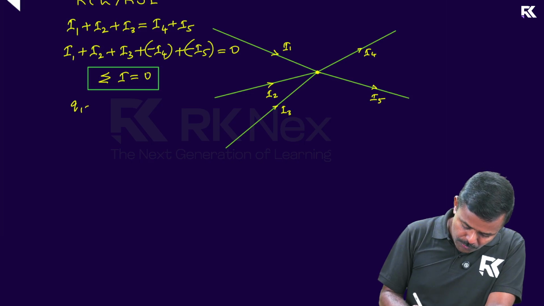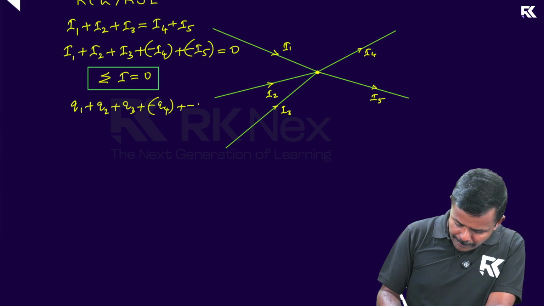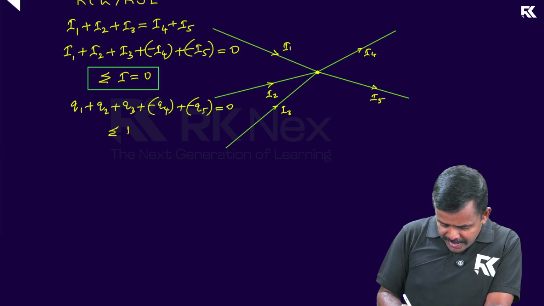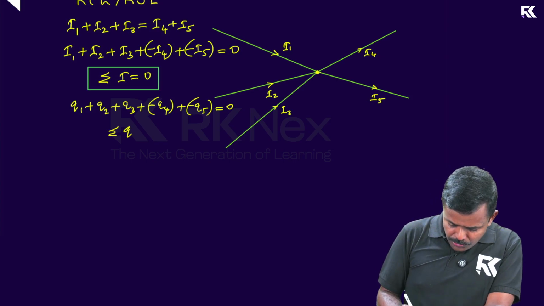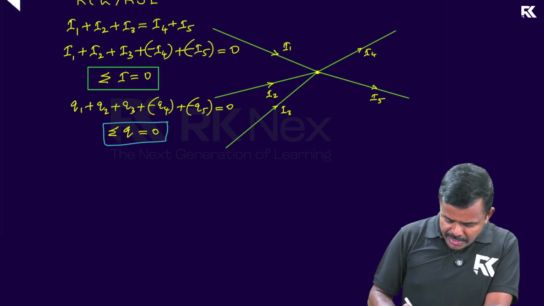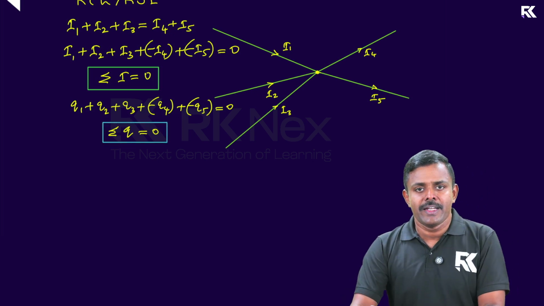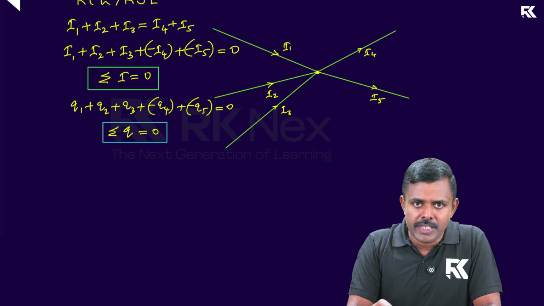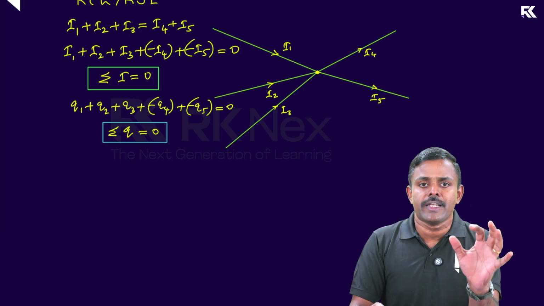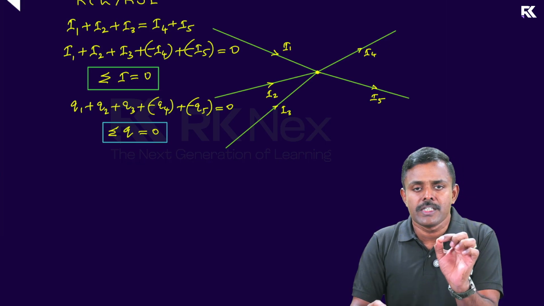You get Q1 plus Q2 plus Q3 minus Q4 minus Q5 is equal to 0, or I can simplify it as sigma Q is equal to 0. The algebraic sum of charges reaching any junction is equal to 0. That is the alternate statement for Kirchhoff's junction law. And remember, Kirchhoff's junction law is in accordance with the law of conservation of charge.